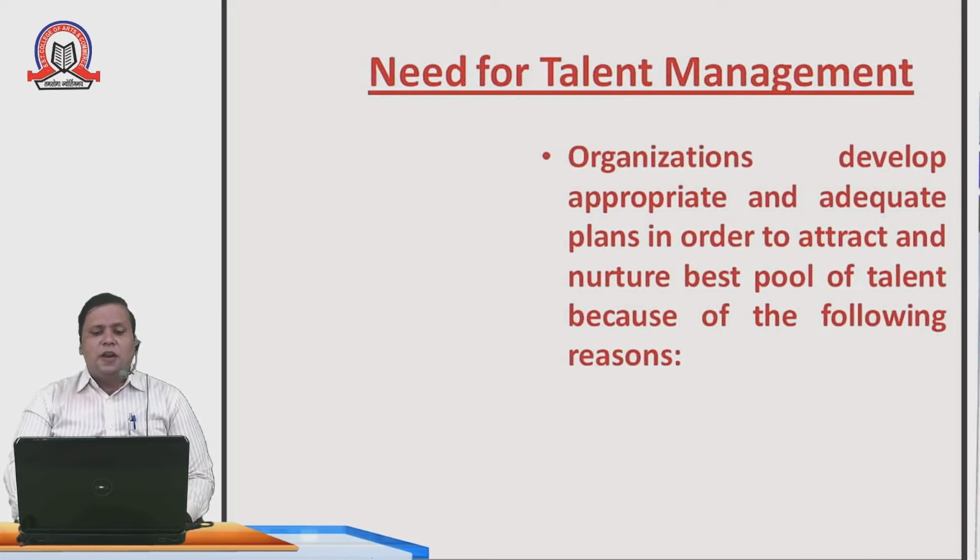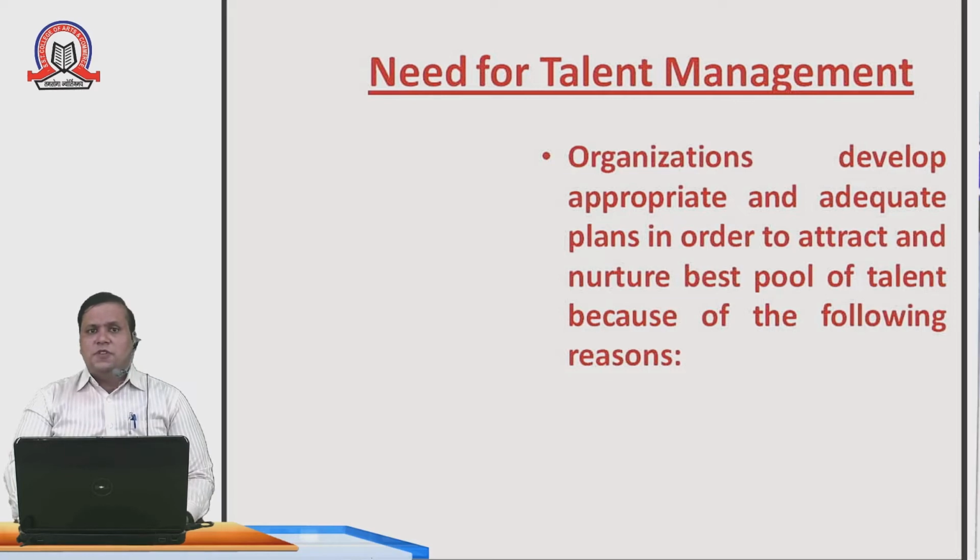Organizations develop appropriate plans in order to attract and nurture the best pool of talent. Some organizations like Tata's, like Mahindra's, or like Google, they are actually able to attract the best talent in the world.